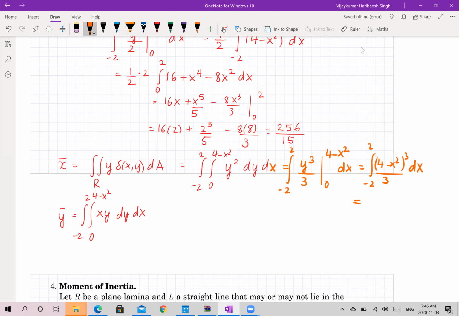And once you integrate this, you will find the answer is 4096 divided by 105. So this was your x bar. What we are missing in writing x bar is the factor of 1 by m here. Let's write down 1 by m. Again, 1 by m here.